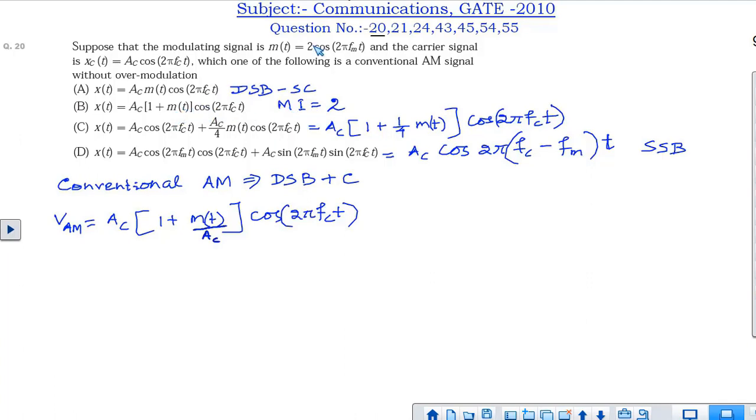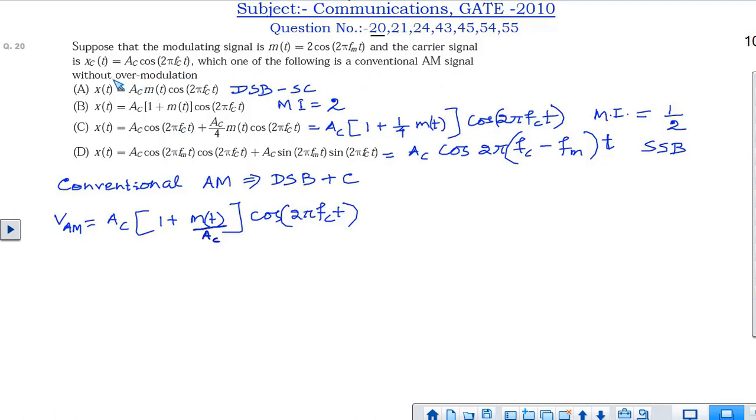If we substitute m(t), that is 2 cos 2 pi fm t here, then that coefficient 2 of cos will be the modulation index. So here the modulation index is 2, and in option C, because amplitude 2 is there for cos 2 pi fm t, that will be multiplied with 1 by 4, so modulation index will become 1 by 2 here.